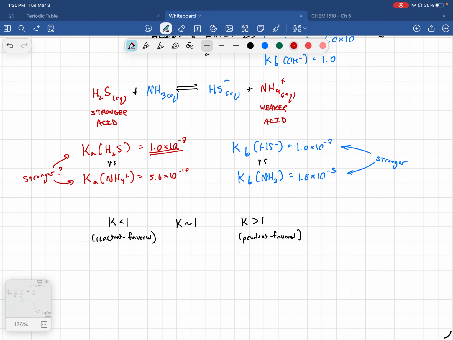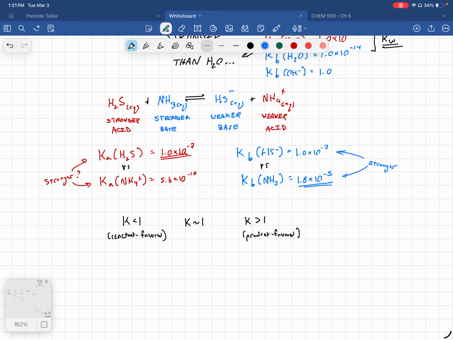In other words, if they both get a chance to put a proton in water, H2S does a better job of it. Okay. If we look at the bases, we can see that NH3 is the stronger base because it has a higher Kb value, and that means HS minus is the weaker base.